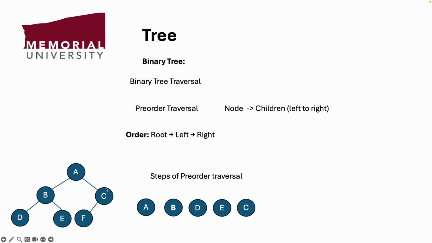To C. C will visit the left child, F. F is a leaf, right? There's no children. So for the pre-order traversal, we visit all the nodes.